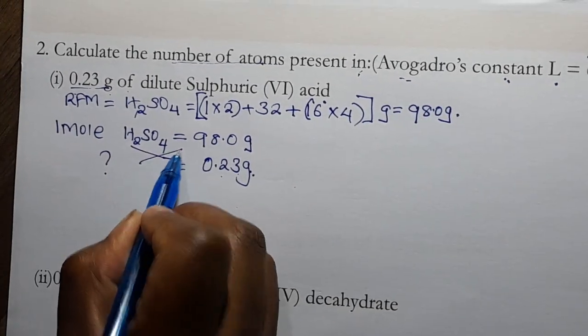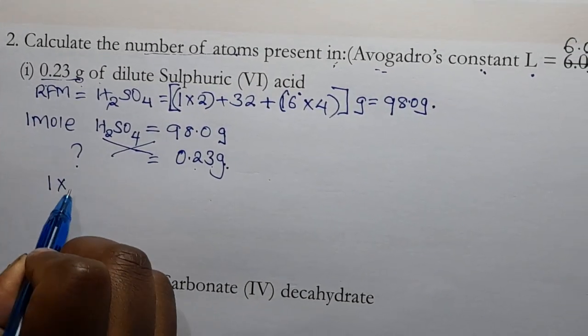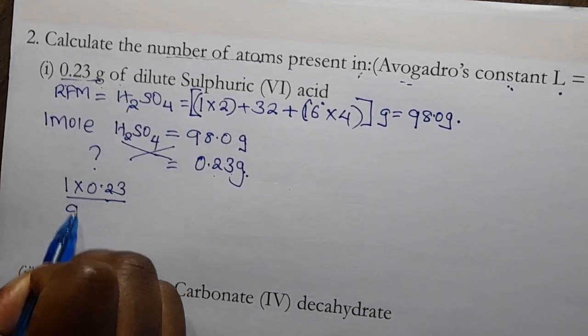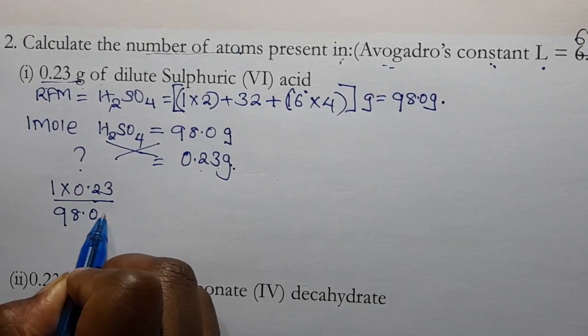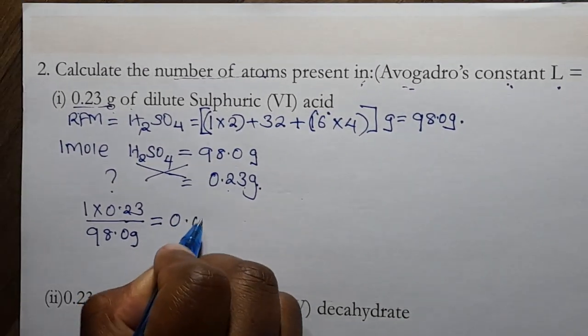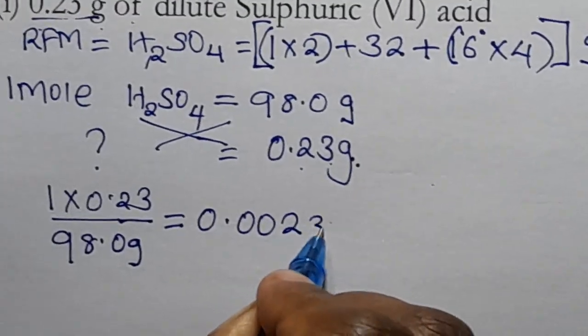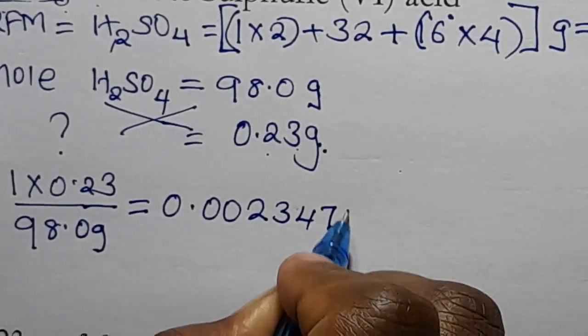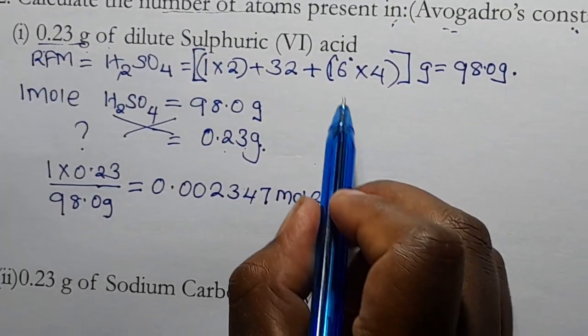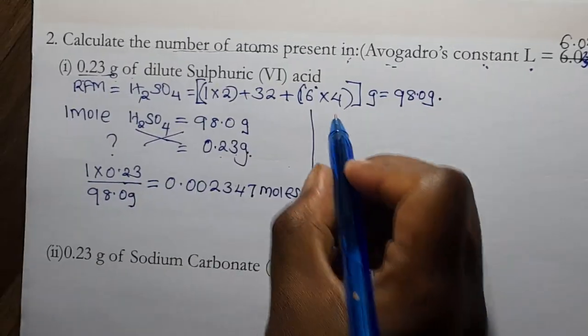So here we cross multiply. So this is 1 multiplied by 0.23, then divided by 98.0 grams. So this is giving us 0.00237 moles.